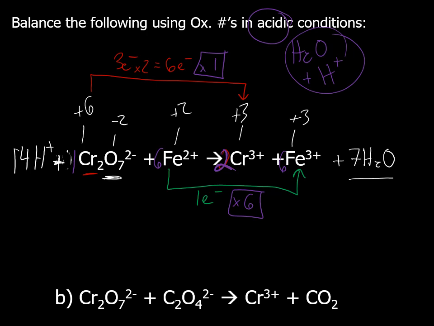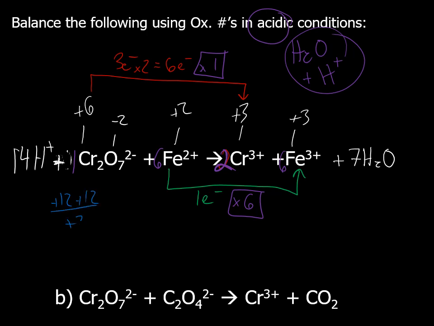Then the next thing I can do is double check that the charges balance out. So adding up charges, on the right-hand side I have 14 positives and I have 1 negative, so I'm down to +12, just to keep track of this. Then I have +2 times 6, which is +12 again.